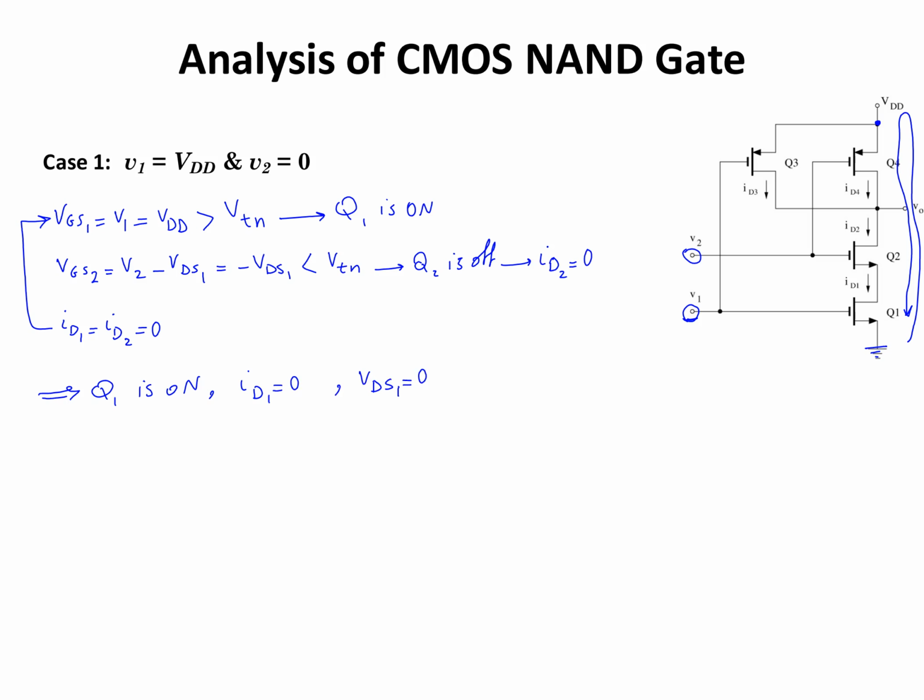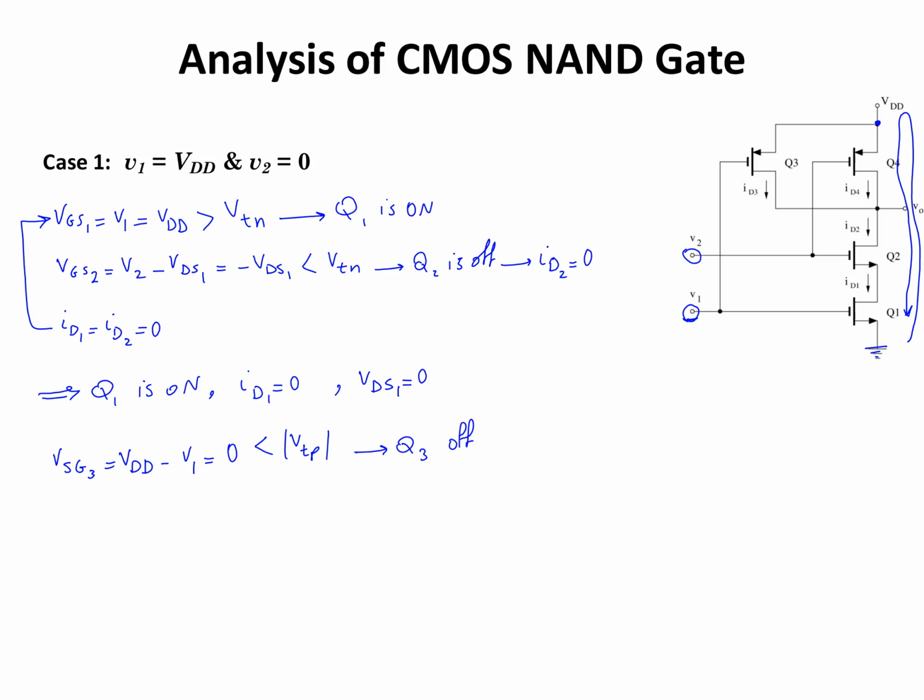Let's take a look at the KVL for gate to source of Q3. For VSG3, I have VDD minus V1. Because V1 is at VDD, VSG3 is going to be equal to 0. This is less than the voltage threshold for PMOS, and as a result, Q3 is going to be off.